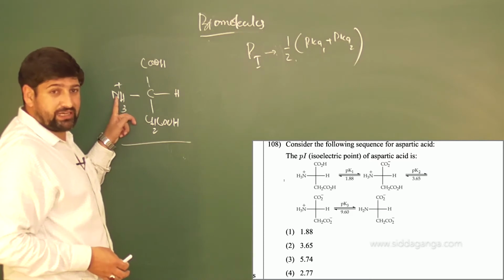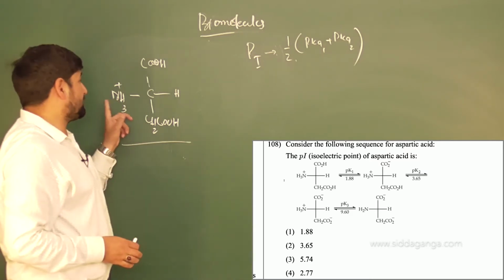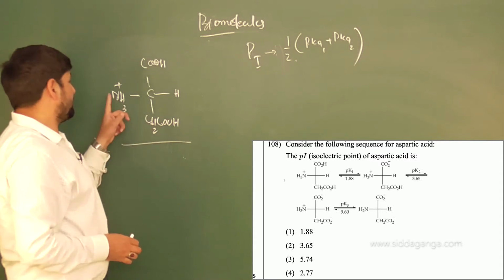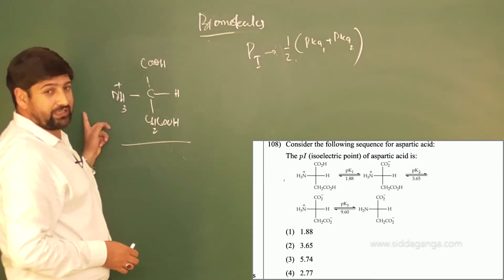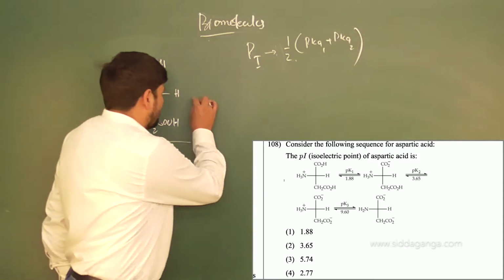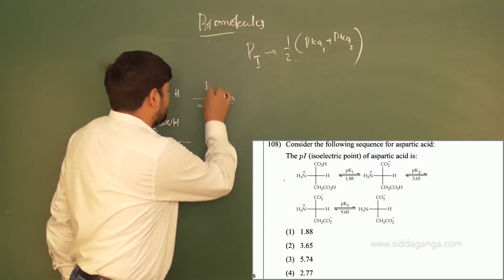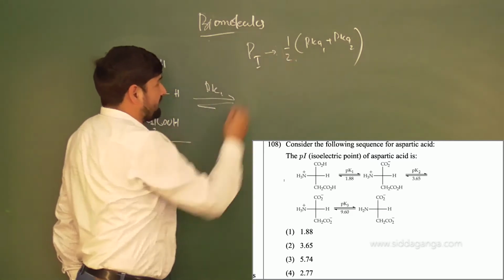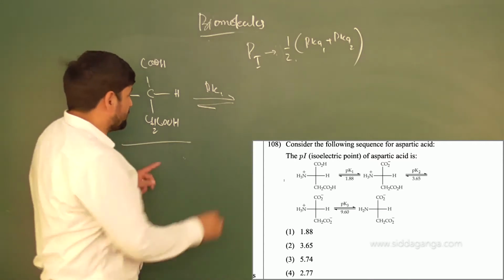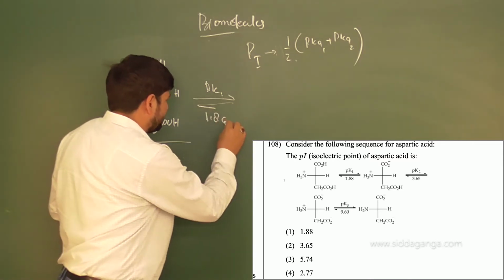Initially this is in the form of a cation, so we won't have it as the isoelectric pH, because at the isoelectric point net mobility is not there. This is in the form of a cation, and it will move towards the cathode very easily. Then we have the first value, pKa1, which is how much? 1.88.